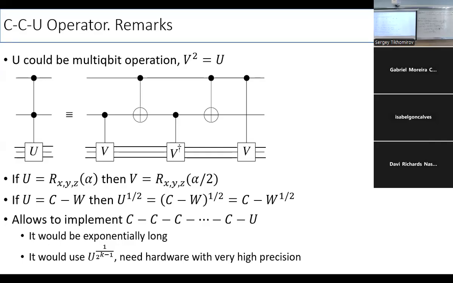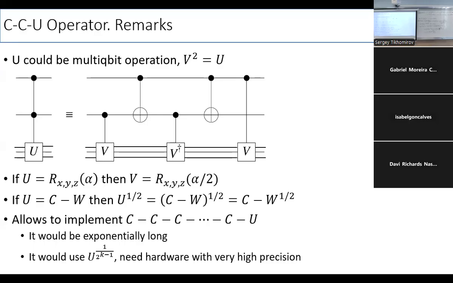Assuming that U was controlled something, then its square root is controlled square root of this something. If U was controlled W, then the square root of U is controlled V to the power 1/2. You can put a minus or not put a minus. Controlled not minus, it's controlled W.